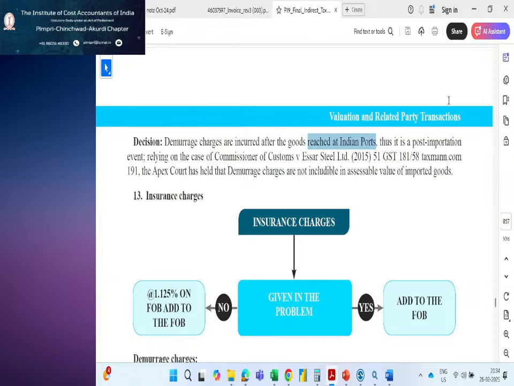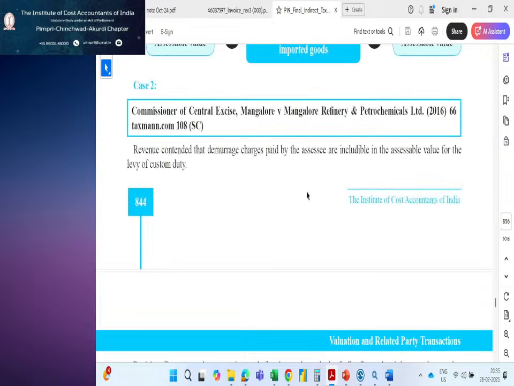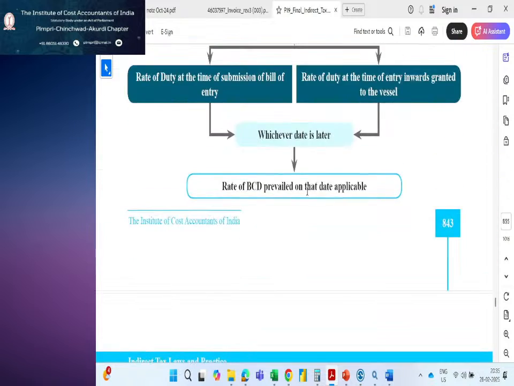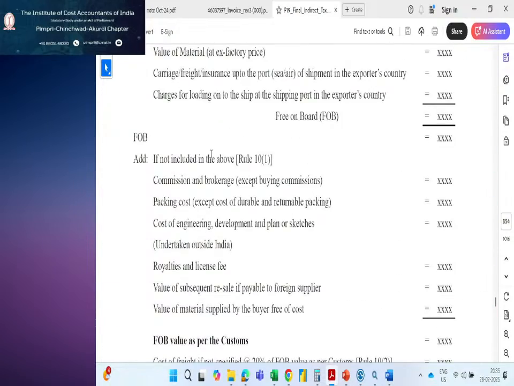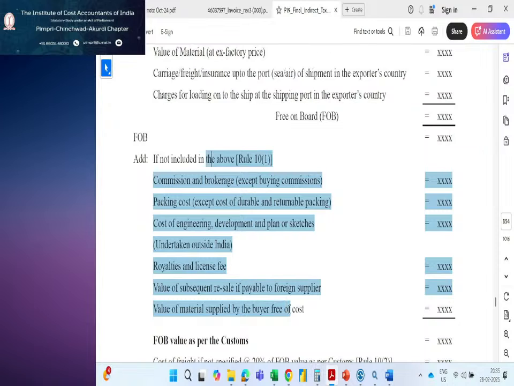The apex court held that demurrage charges are not includable in the assessable value of imported goods. Whatever we have seen previously, all those transactions, we call pre-importation costs or pre-importation charges.